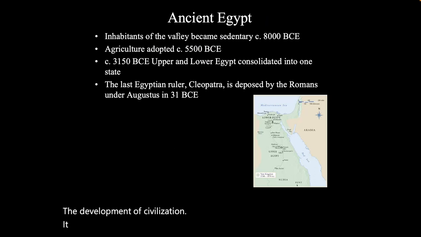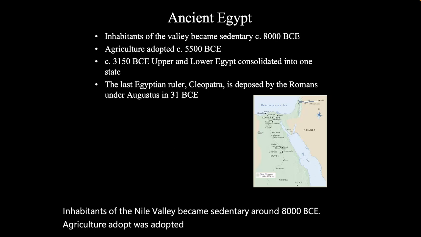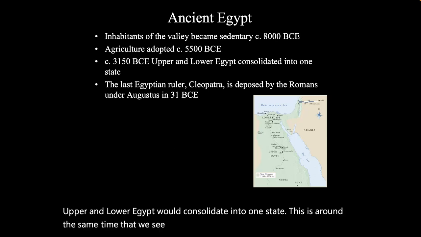Inhabitants of the Nile Valley became sedentary around 8000 BCE. Agriculture was adopted around 5500 BCE, and around 3150 BCE, Upper and Lower Egypt would consolidate into one state. This is around the same time that we see the development of the city-states in Sumeria and the ancient Near East.